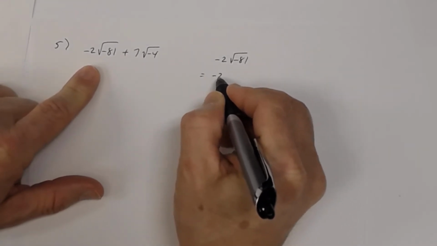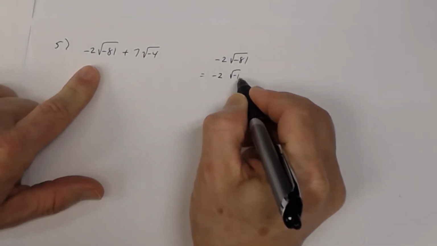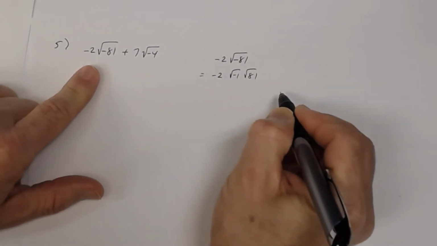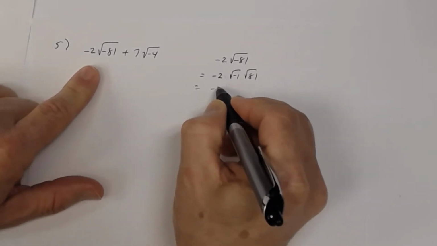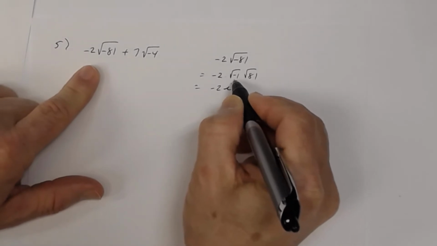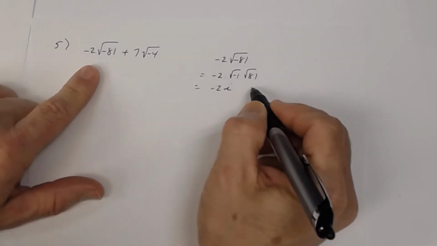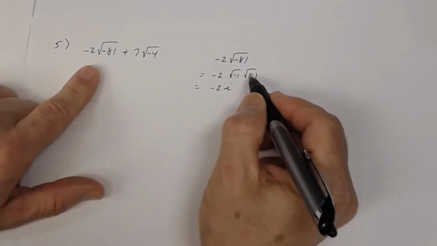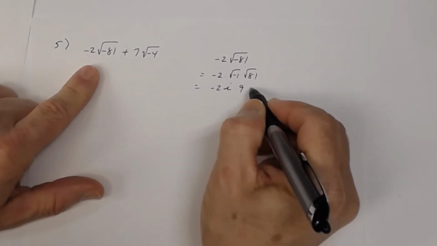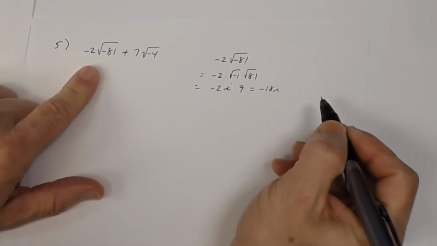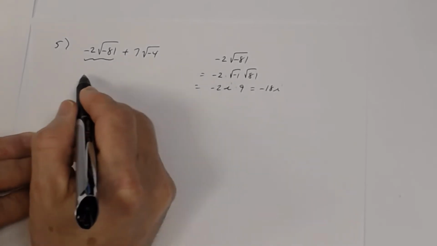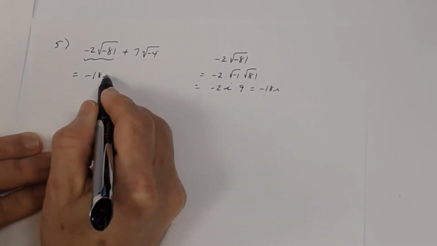This becomes negative 2 times the square root of negative 1 times the square root of 81. So this becomes negative 2 times i, because the square root of negative 1 is i, and 81 is a perfect square, 9 times 9, so times 9. This becomes negative 18i.